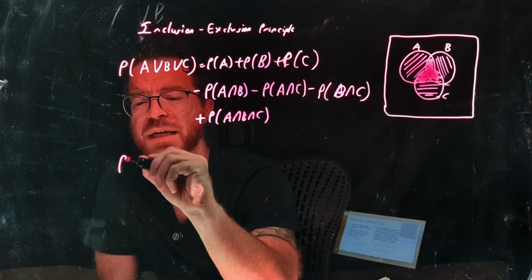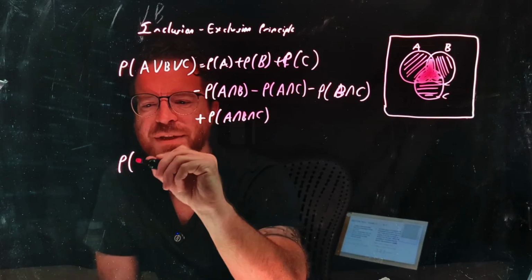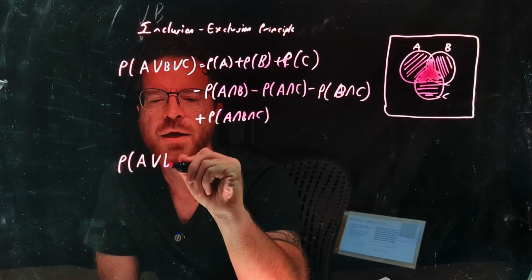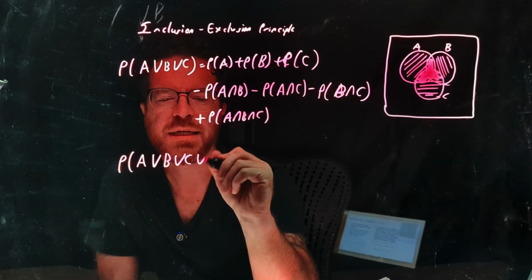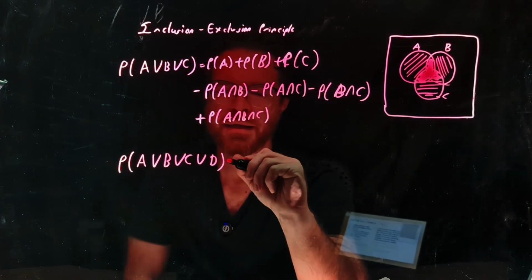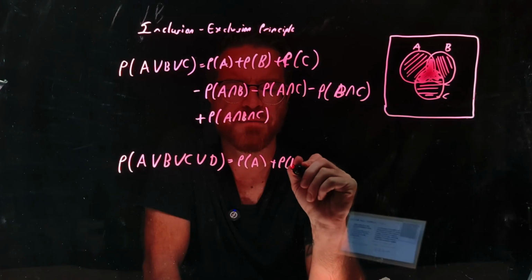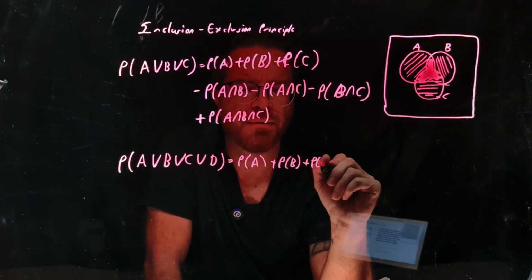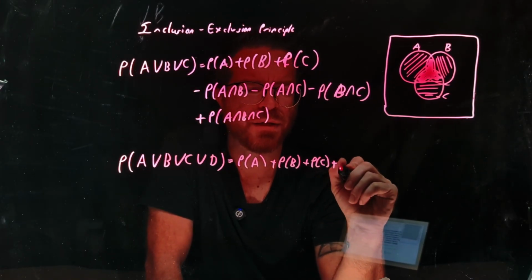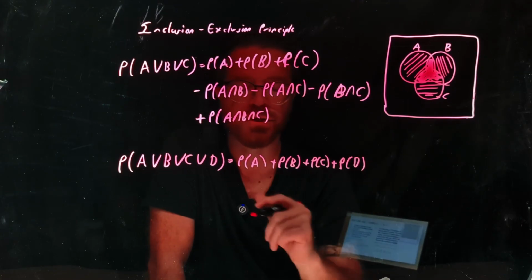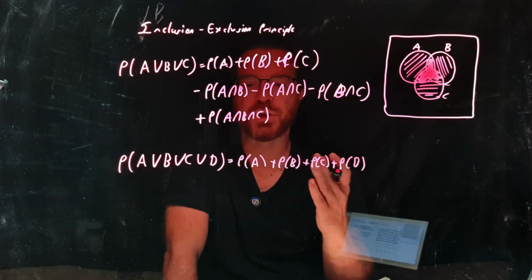So I'll give you one more example, and I'm not going to draw the Venn diagram for this. If I have the probability of A or B or C or D, this would be equal to the probability of A plus the probability of B plus the probability of C plus the probability of D. So you do the probability of each single term.